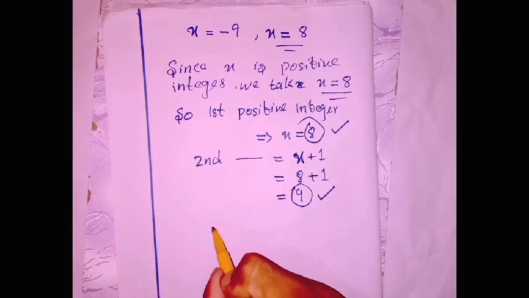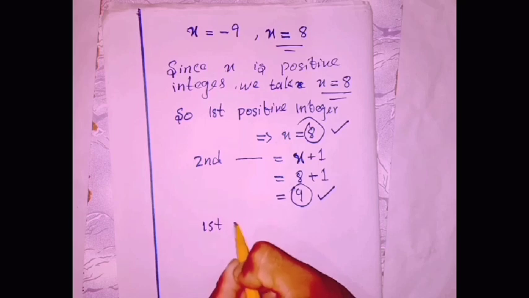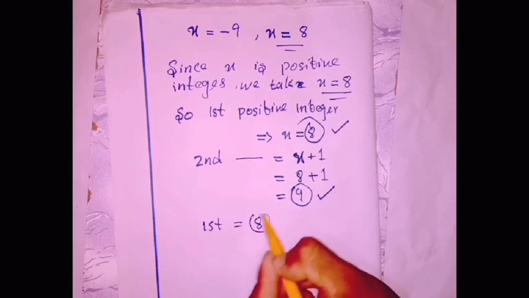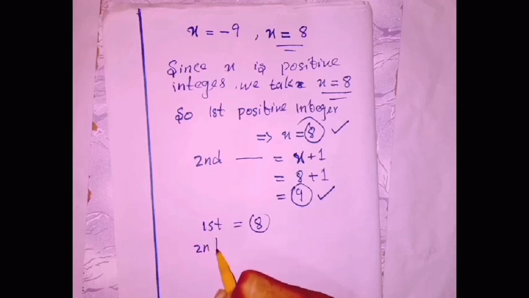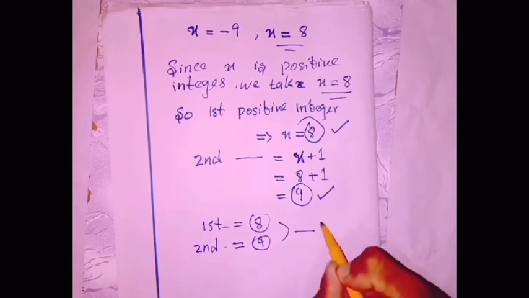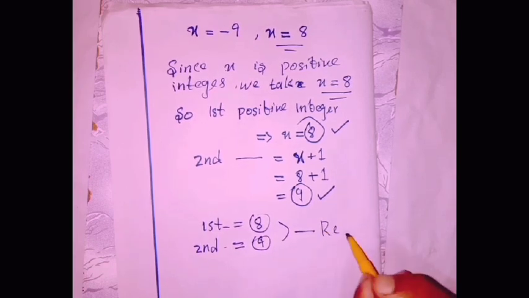So hence we can write the result: the first positive integer is equal to 8 and the second positive integer is equal to 9. And this is all about today's lecture.